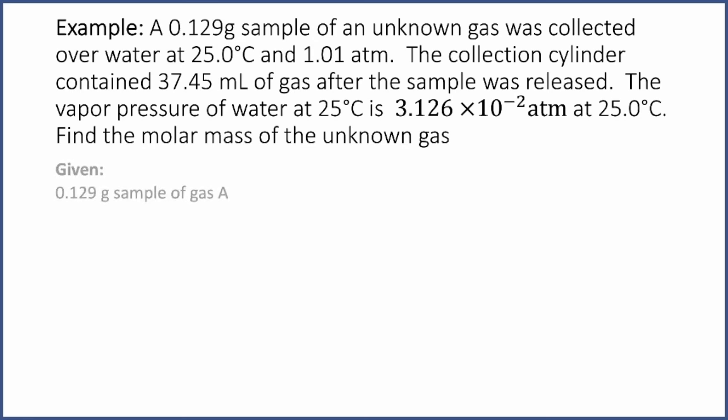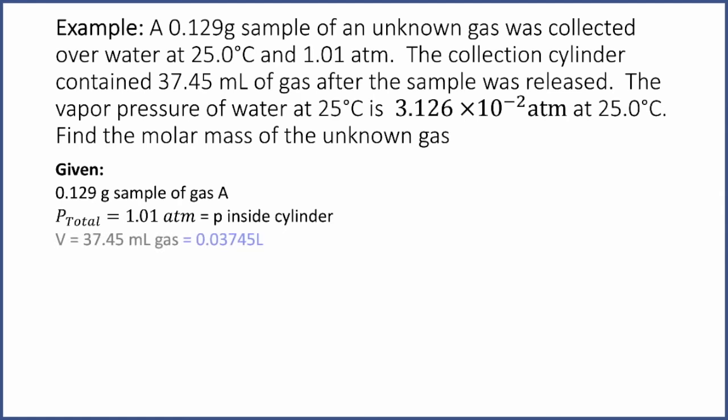We know that we have 0.129 grams of our gas. They also told us what the total pressure in the collection cylinder is. That's 1.01 atmospheres. We know the volume of gas is 37.45 milliliters. Okay, let's think about this for just a minute.